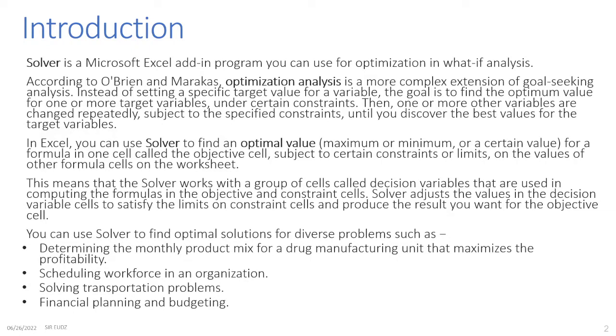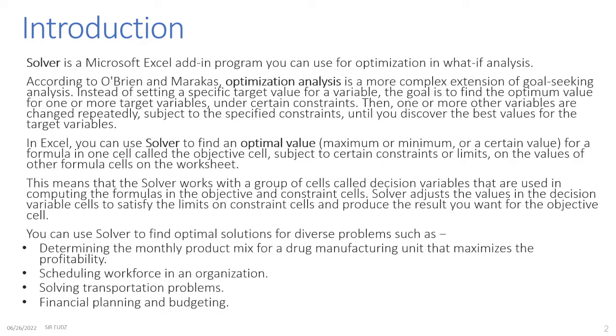Instead of setting a specific target value for a variable, the goal is to find the optimum value for one or more target variables under certain constraints. Then one or more other variables are changed repeatedly, subject to the specified constraints, until you discover the best values for the target variables.